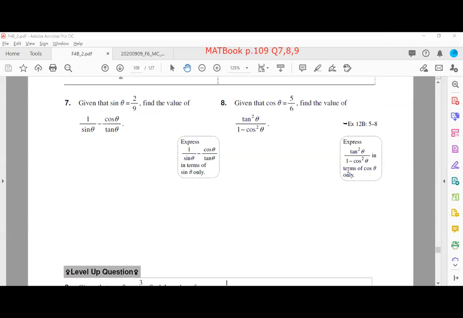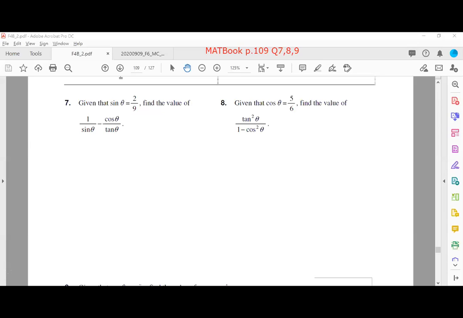Okay, let's check the answers. Question number 7. It is given that sine theta is 2/9. Find the value of this, okay? And again, this time we need to express everything in terms of sine theta, okay? 1/sine theta is ready to be changed, okay? It's 2/9, right?